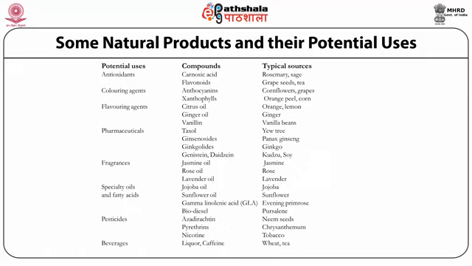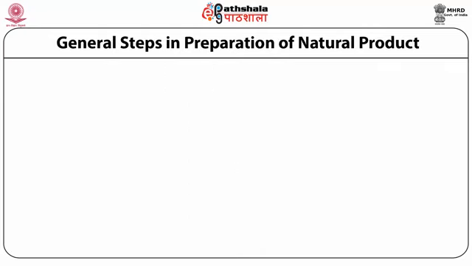Neem is a very good source for azadirachtin, the insect plant gives pyrethrins, and the tobacco plant gives nicotine. So all of these are pesticides used in agriculture. And last of all are beverages. Caffeine is used, wheat is used, or even as a stimulant, tea is used as a beverage, which is an important use of these natural products.